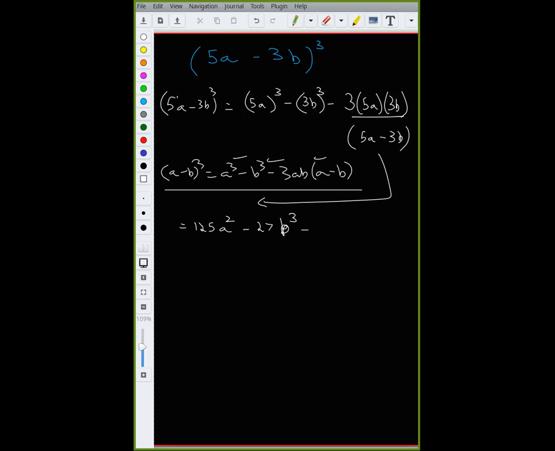Because now it's this term into the first term. So what's 45 into 5? That's 225. Now this is the problem. We have a minus here and a plus here. So minus into plus will give you minus 225. We have now ab into a, so we'll get a squared b. And again, we have 15 into 3, 45. 45 into 3.